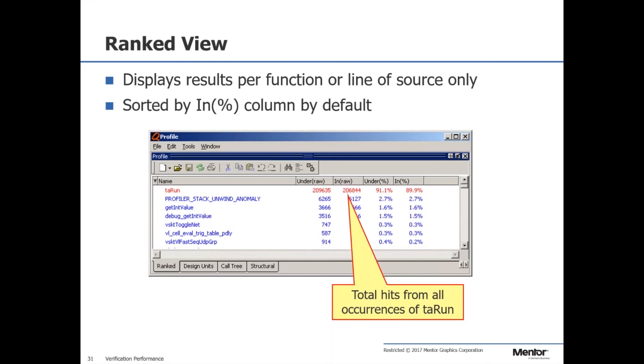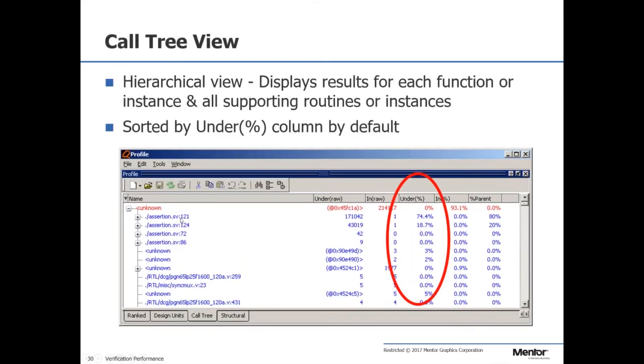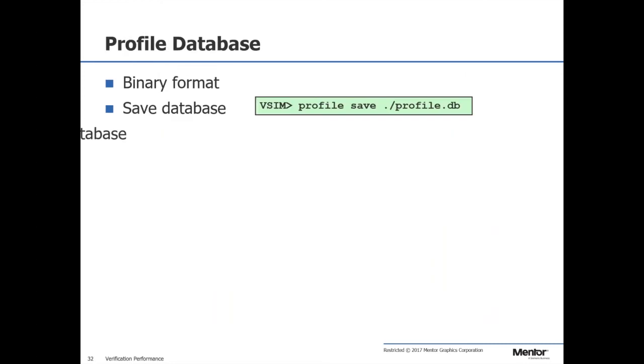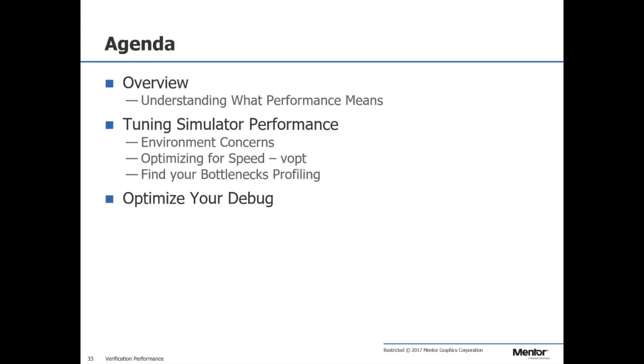So in this particular case, like I said, that assertion had an incorrect sensitivity list, so it was triggering constantly. And so the simulation was constantly in there. Once we fixed that and dropped that down to 1% and fixed that other one, the simulation ran about 100 times faster because all the time wasn't being spent in that one thing. So that's simulation performance in general.